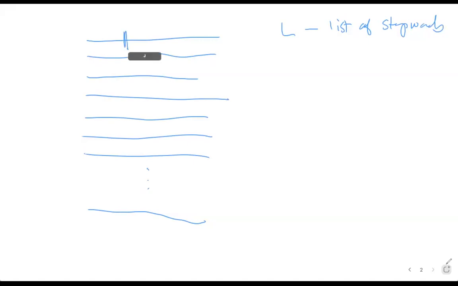So we use these stop words to cut. So this will be a stop word, this is a stop word. In between, there is no stop word. And then the next stop word is here. You continue to look, maybe the next stop word here, next stop word here, maybe next one here. So then you have a lot of small chunks of text without stop words.